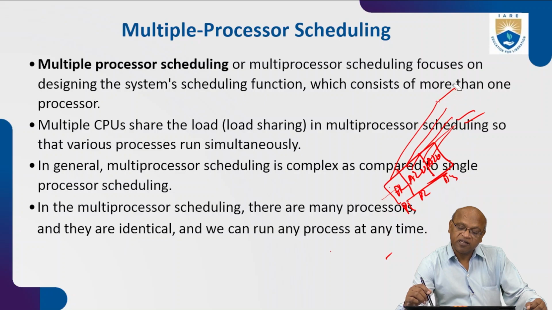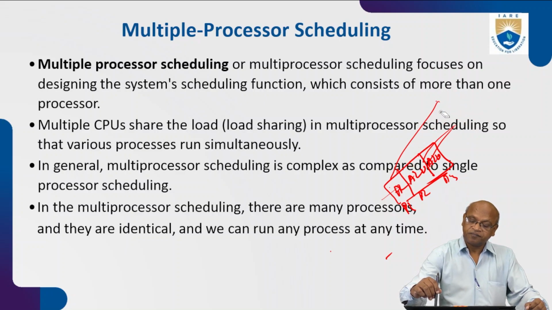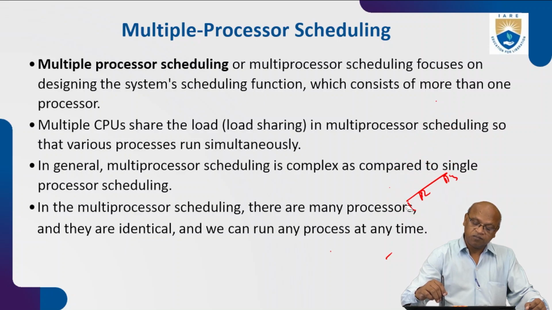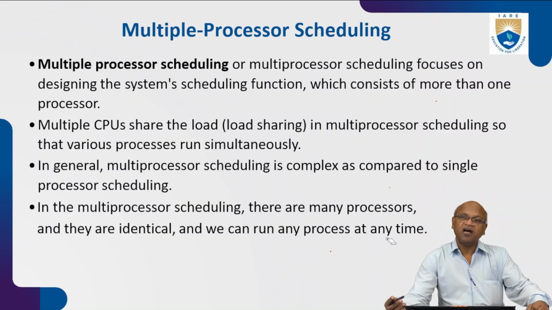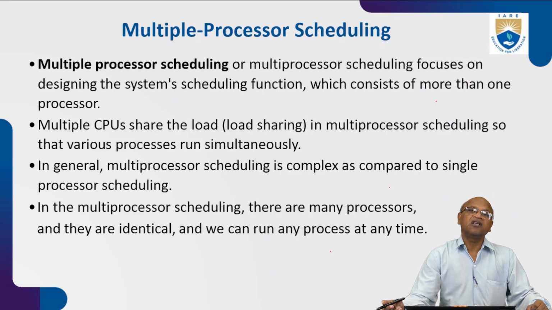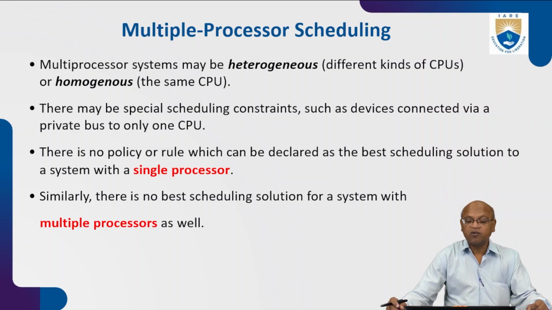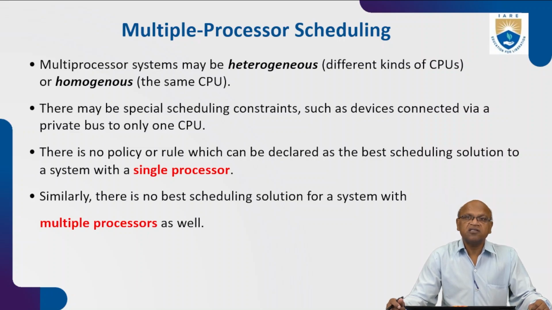The processes will be running independently, but there will be coordination between these processors. If one processor is running using the shared memory, other processors also coordinate or wait till they get the I/Os. So multiprocessor systems may be heterogeneous, with different kinds of CPUs, or homogeneous.